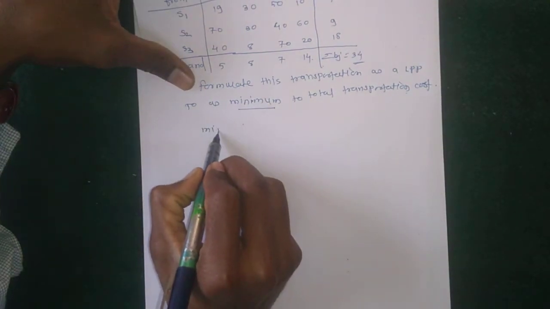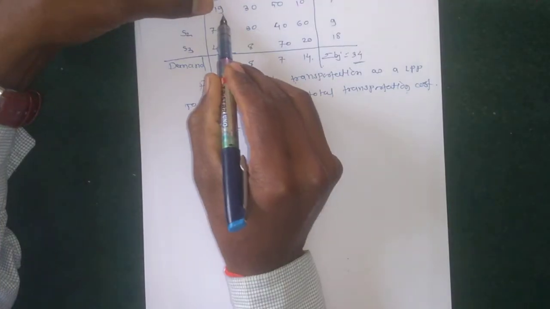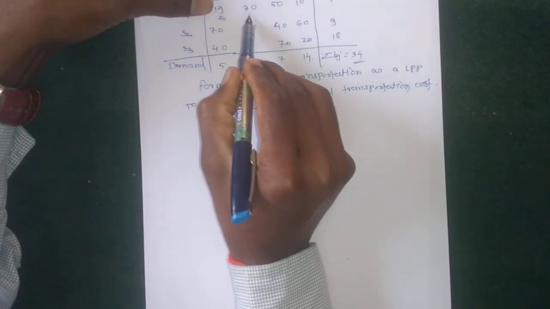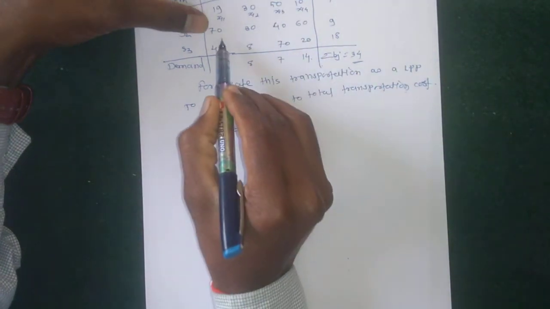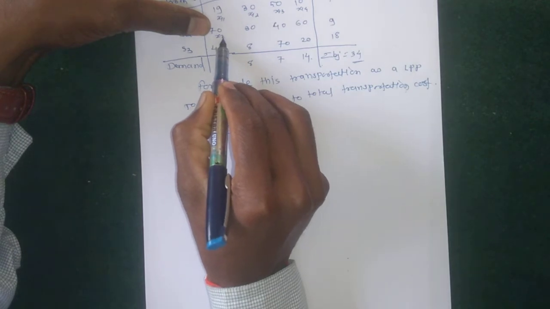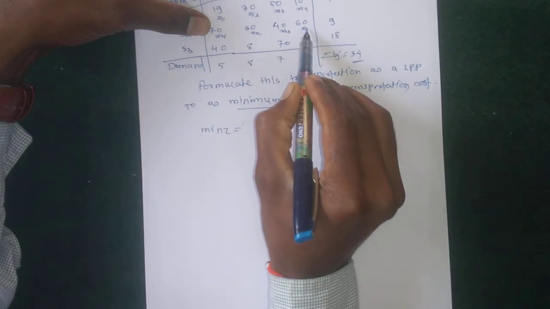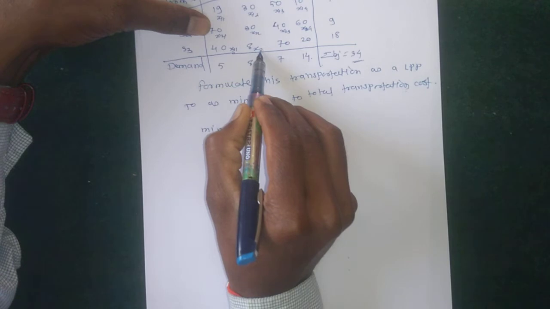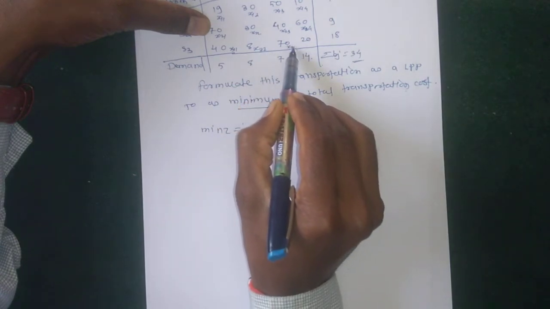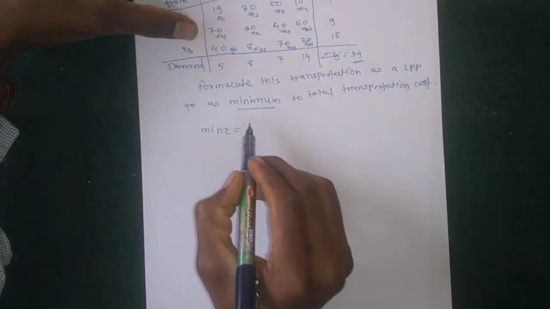Therefore minimum z is equal to a sum over the variables x11, x12, x13, x14, x21, x22, x23, x24, and x31, x32, x33 and x34, each multiplied by its cost.